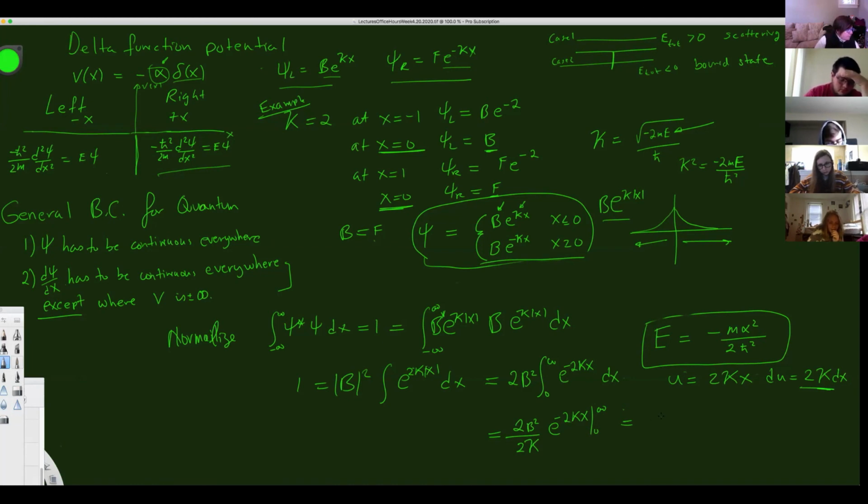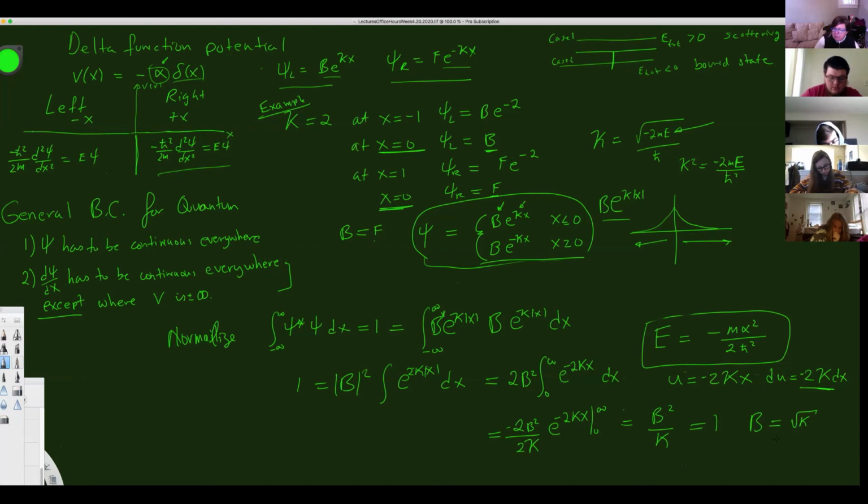And I think I've lost a minus sign because I was being too quick. Sorry. There's a minus sign here. And so we get, this is going to be just b squared over kappa. And this has got to be 1. So that means b is equal to the square root of kappa.